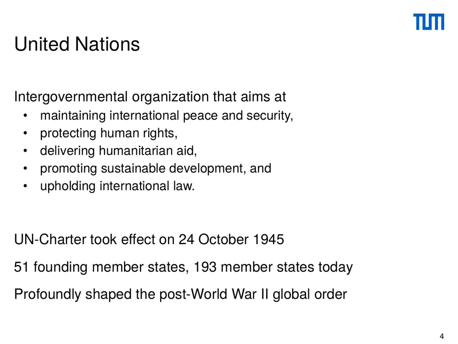To give you some context, the United Nations was built on the ruins of the League of Nations, and it began operations right after the Second World War on the 24th of October 1945. The number of 51 founding member states has grown to 193 member states today.